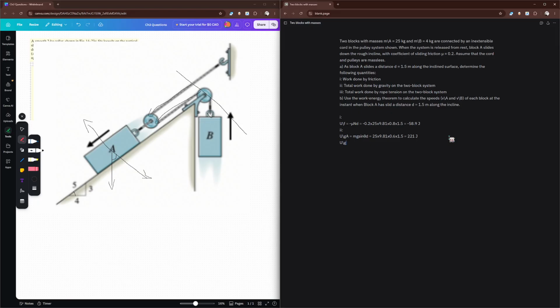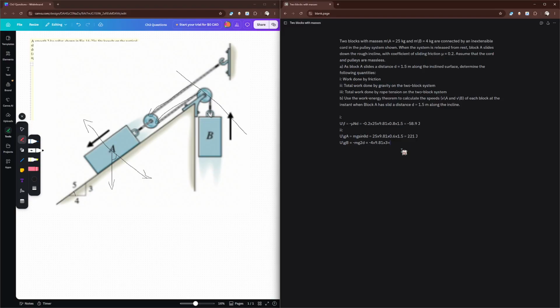And now for UGB, we have the same thing. We have negative, because it moves this way, which is in the opposite direction of positive of the datum. So negative mg times our distance, which we said was 2d. So this is equal to negative, what was our mass? 4 times 9.81 times 3.